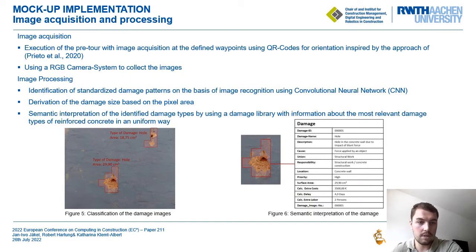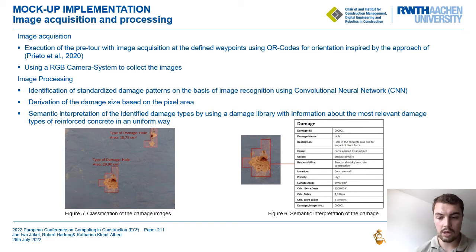After the robotic system executed the pre-planned tour and shot the photos at the predefined waypoints, we developed an AI system as a convolutional neural network to identify damage patterns.